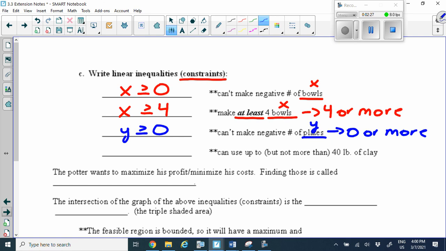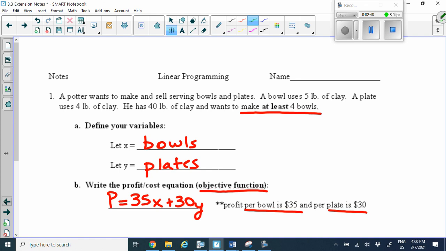Okay, lastly, it says can use up to, but not more than 40 pounds of clay. So if we are thinking about this, up to, but we also have to think about, well, how much clay do we use for a bowl and how much clay do we use for a plate? Well, we got to go back to our little sentences for this.